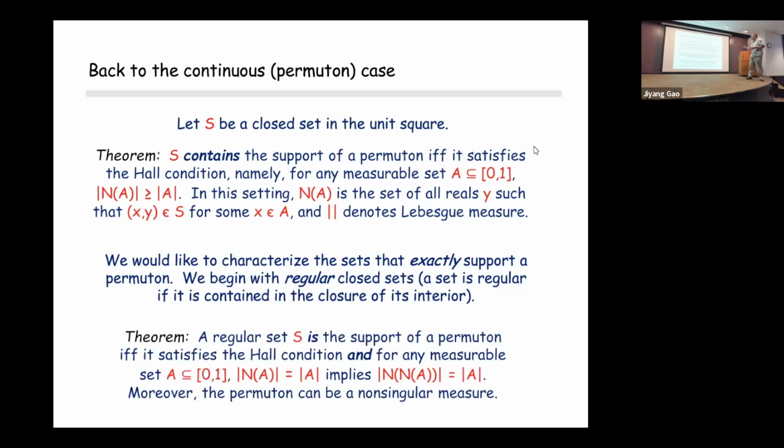And for that, you will need something like the second condition. And indeed, the second condition translated to Lebesgue measure basically works. If it's true that whenever the neighborhood of the set has the same Lebesgue measure as the set itself, so it's a tight set, then if you go back the other way, you take the neighborhood of the neighborhood, you get a set that's the same size as the second star.